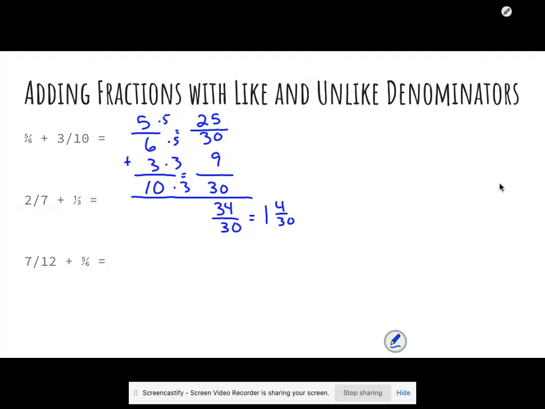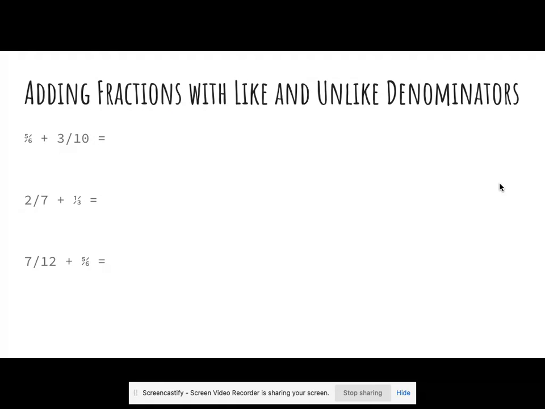So I know 4 doesn't go into 30, so I'll have to divide by 2. This 1 comes over with me, so 1 and 2/15 is my final answer. All right, so finding our common denominator, and then solving after we find our equivalent fraction.